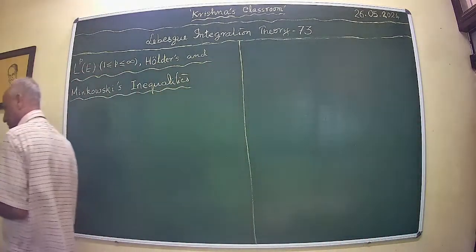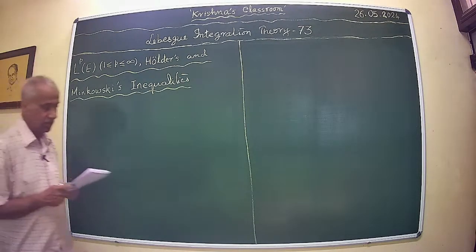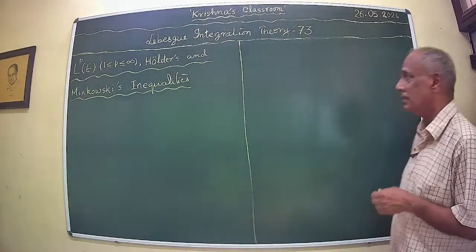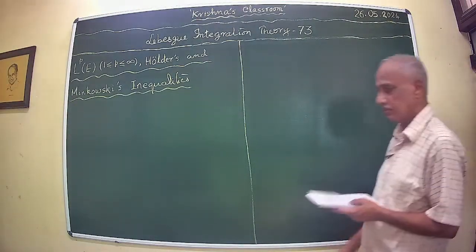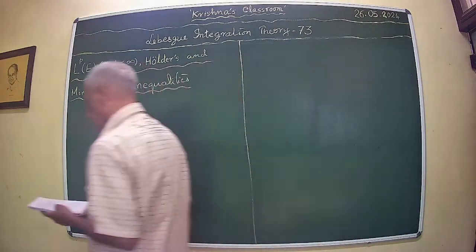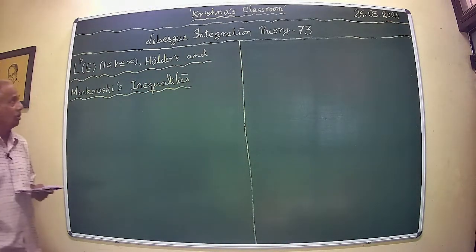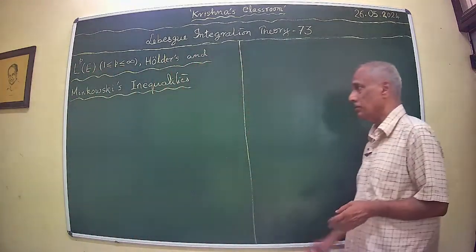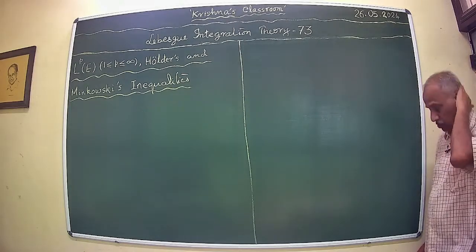In this lecture, we consider two extremely important inequalities in the study of L^p spaces, and they are Holder's inequality and Minkowski's inequality. You would have heard about the Cauchy-Schwarz inequality.